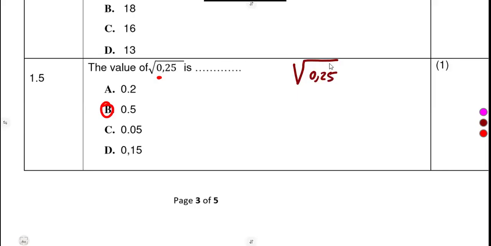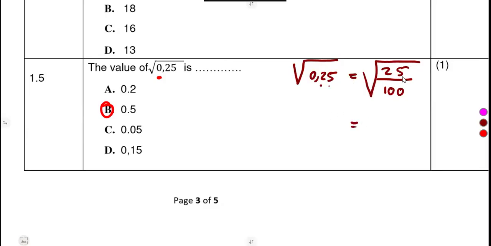We can have it as a fraction. Remember, as a fraction, we write the whole number, 25 over what? How many decimal places, how many digits after the comma? 1, 2. So it's over 100. But it is under the square root, like this.